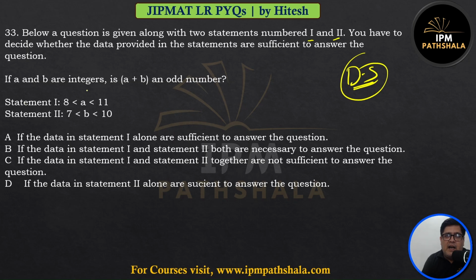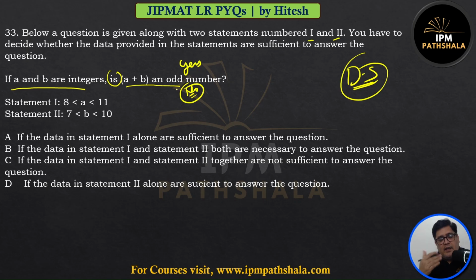If A and B are integers, is A plus B an odd number? When a question starts with "is", the answer can be yes, the addition is odd, or the answer can be no, the addition is not odd. No is also a perfectly fine answer. A and B are integers.